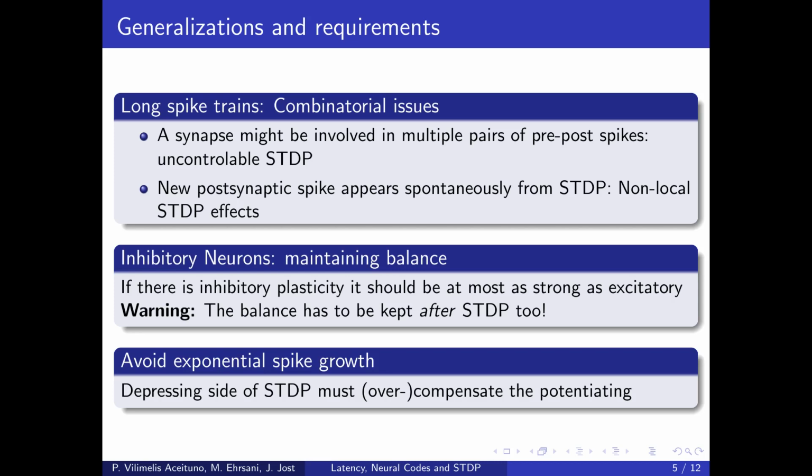Now, this works fairly well for single spikes, but if you have many postsynaptic spikes, then you have to take care, specifically because pairs of pre and postsynaptic spikes may interact. In the sense that if you have a synapse that has two presynaptic spikes that are very close in time to two postsynaptic spikes, it could happen that on one side it is potentiating and on the other it is depressing, so there will be conflicting effects.